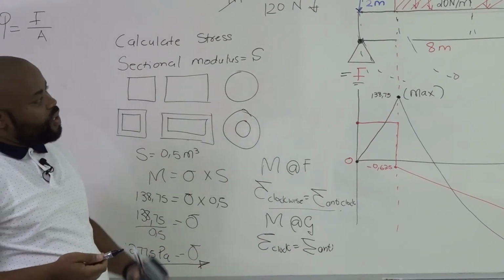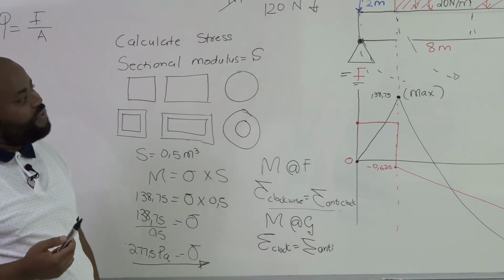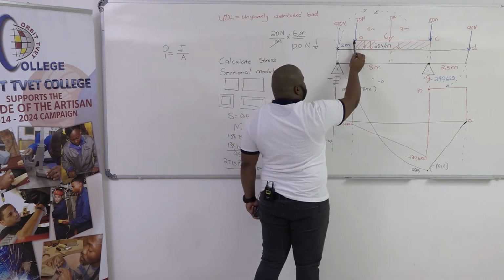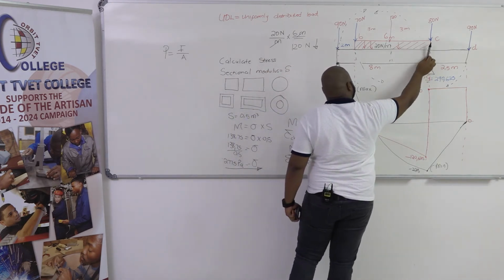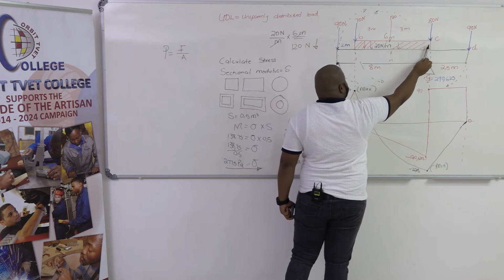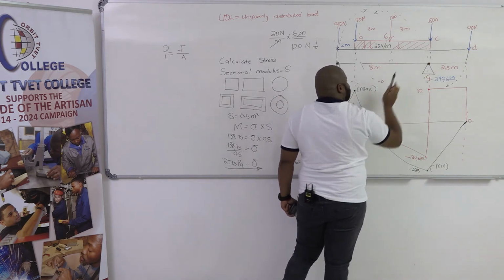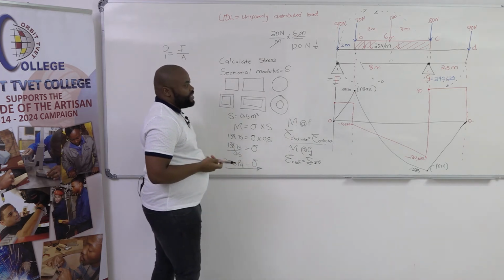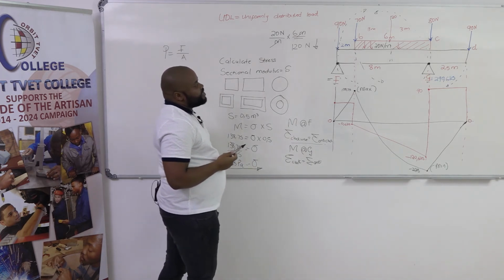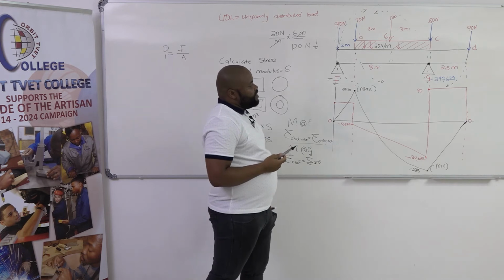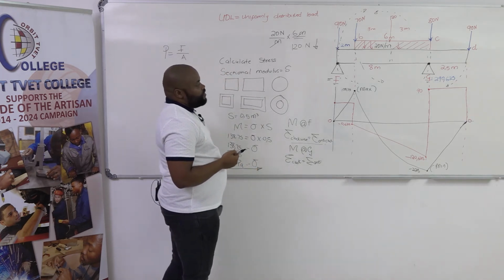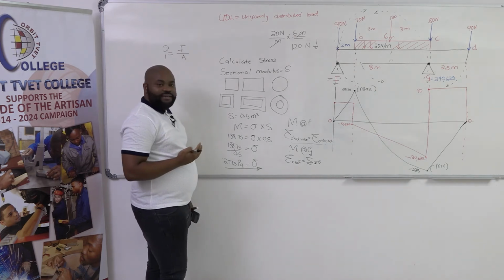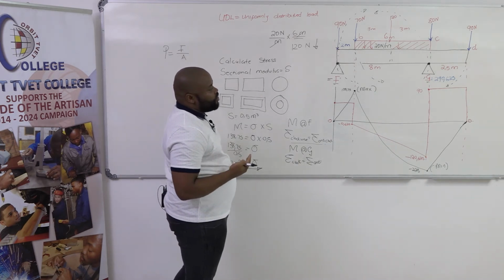But on this particular graph, you must remember that after calculating bending moments at B, when you are doing bending moments at C, you must consider the uniformly distributed load. How do you consider that UDL? The value of the force being applied per meter, you need to convert so that it becomes a point load.